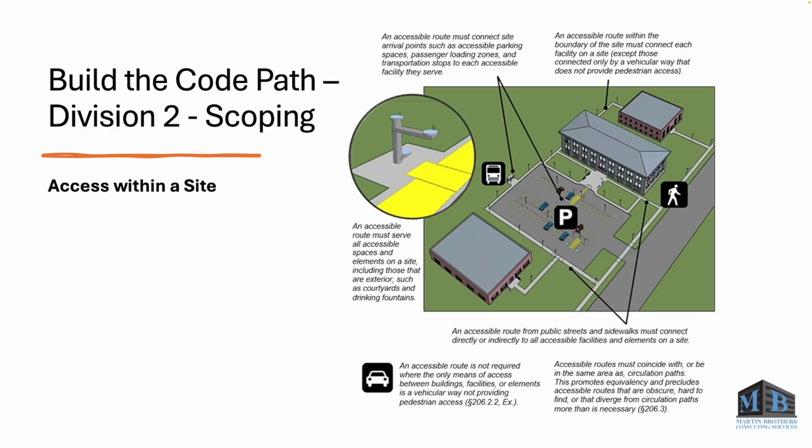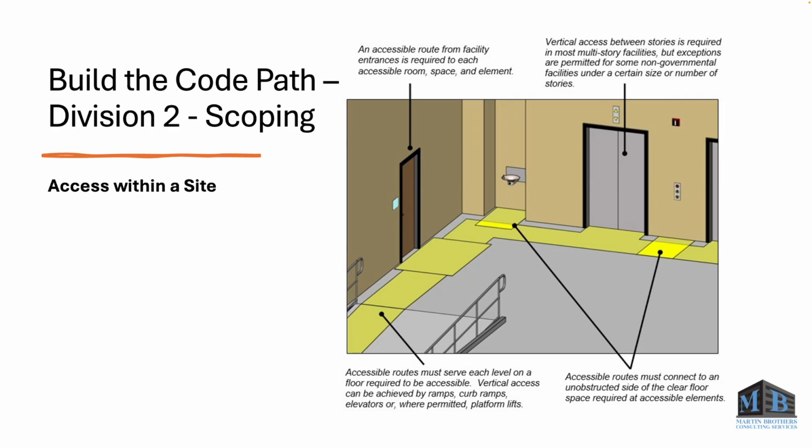Continuing on, so this is exterior. Let's look at an example of this on the interior of a building. With this graphic, also from the Access Board, you can see in this yellow path here, we have access from the left of the image coming down a ramp. Then we have an accessible route to this door's maneuvering clearance. Continuing on, we have a drinking fountain and its clear floor space.